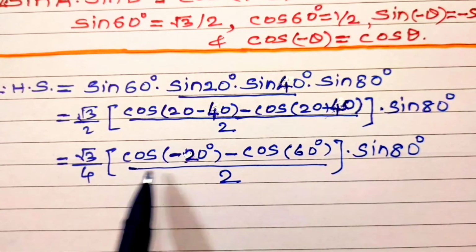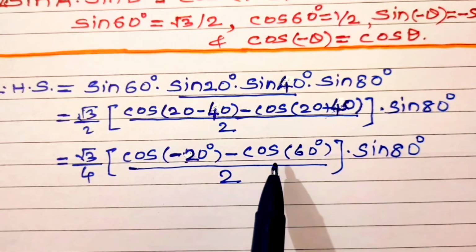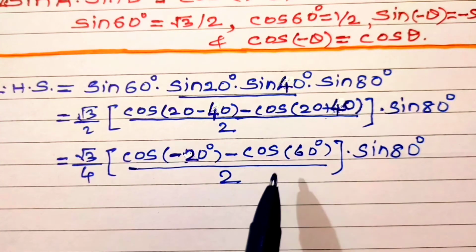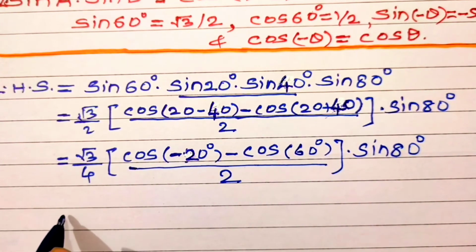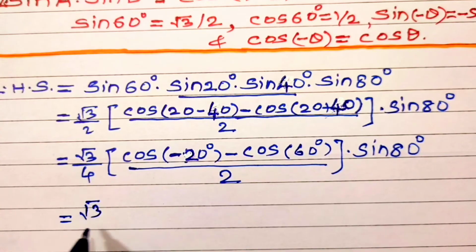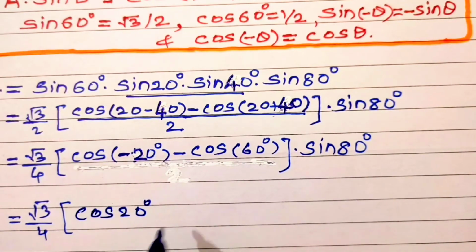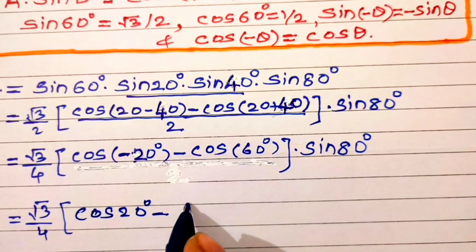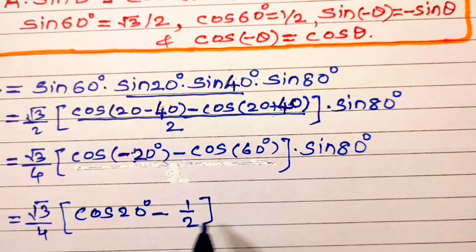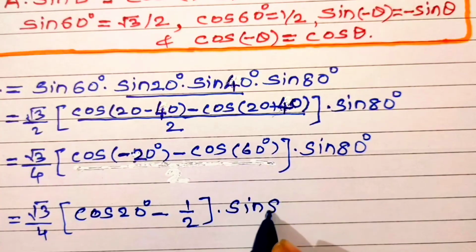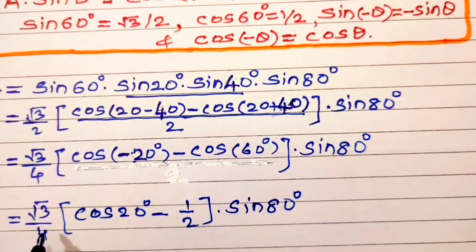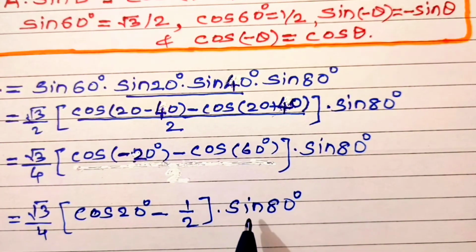Since we know cos minus theta is equal to cos theta, and cos 60 degree is equal to half, we have to put here. So this is equal to root 3 divided by 4 into bracket cos of 20 degree minus cos 60 degree, which is half, bracket close, into sine of 80 degree. Now take multiplication by root 3 upon 4 into sine 80 degree to this bracket.